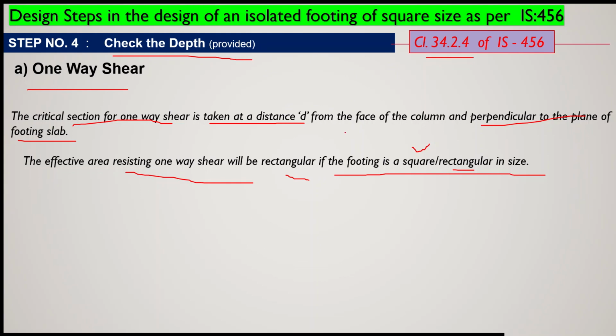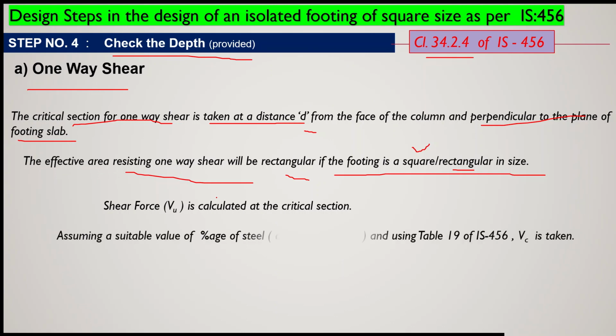Accordingly, at a distance d, that is the effective depth of the footing from the face of the column, we will mark the critical section, and then we will be calculating the effective area which will be resisting the shear. So from that we can find out how much is the shear force VU at the critical section.